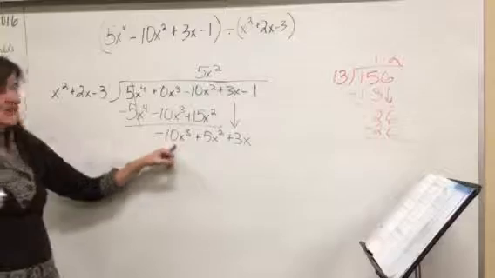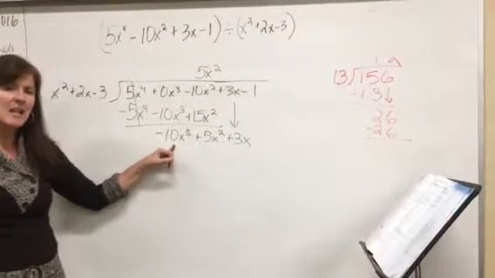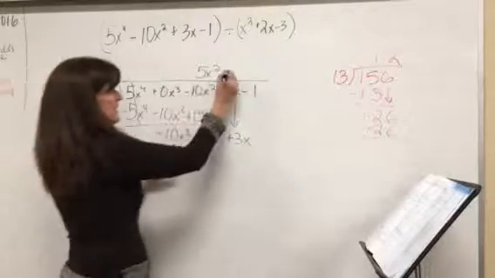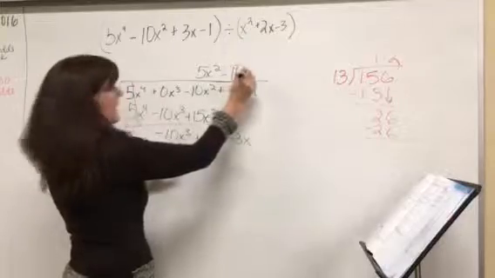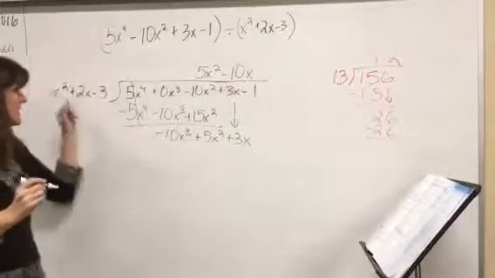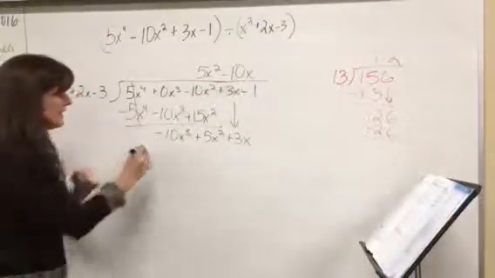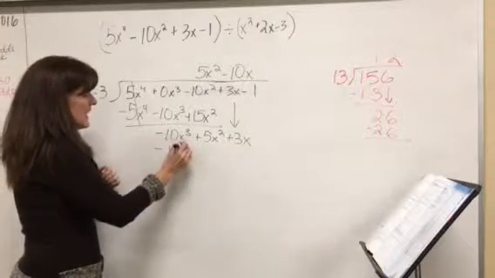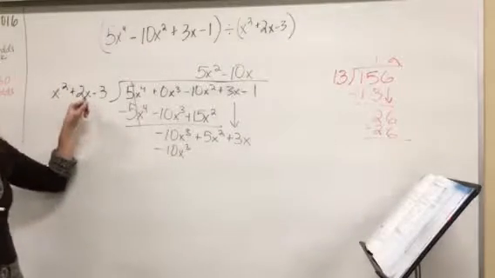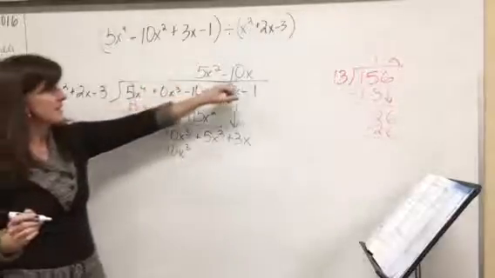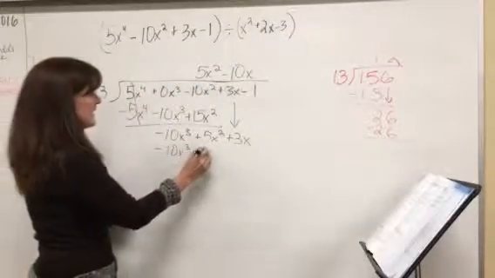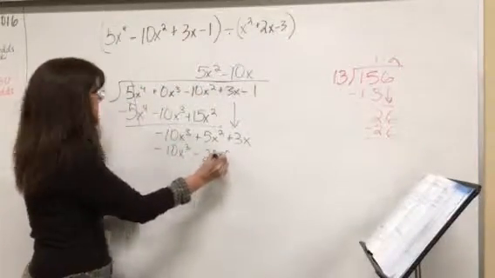X squared goes into negative 10x cubed how many times? Well, negative 10x, right? Because this times this is negative 10x cubed. We have to multiply the other 2 terms. 2x times negative 10x is negative 20x squared.